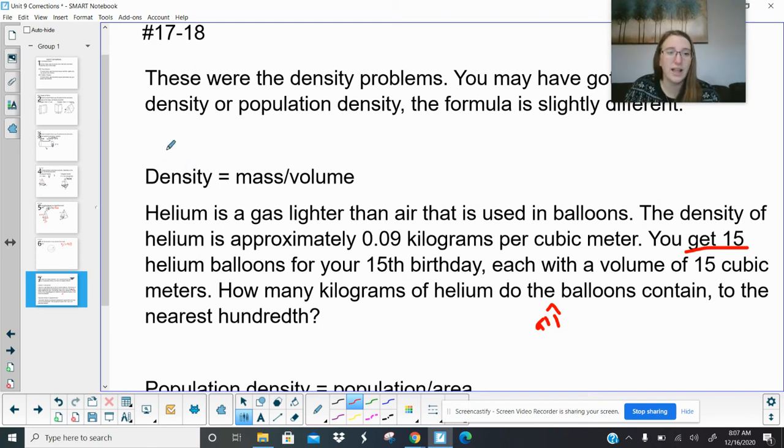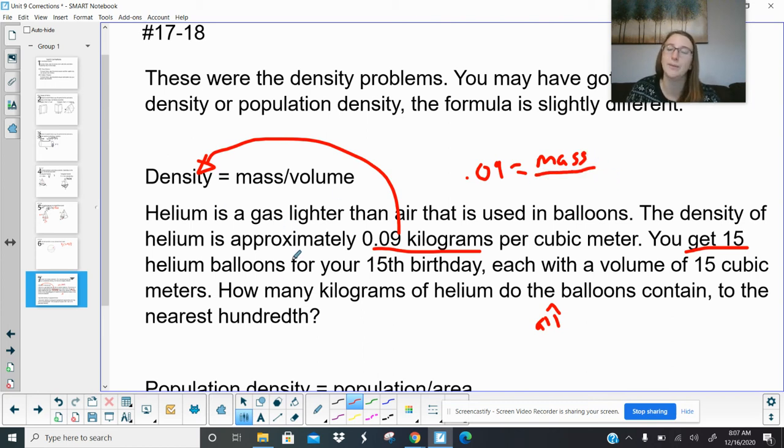So again, using this formula here, this is the density. We have 0.09. It tells us that each balloon has a volume of 15. So if they've given us density and volume, you're trying to find the mass. In all of the helium questions, obviously the numbers change, but you're looking for mass and you're given the volume.